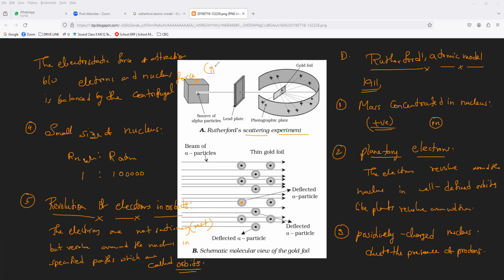That force we used to call gravitational force. Gravity. Remember it. Understand, everybody? Any doubt?